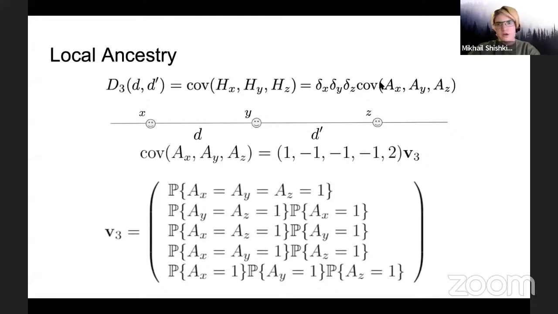Then we can expand this covariance of local ancestry in terms of expectations and handle it like a product of vectors. This vector V3 consists of probabilities. The first probability is that one chromosome has 3 loci that were all inherited from the first source population.